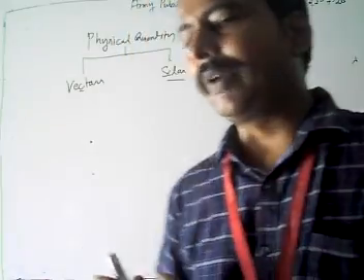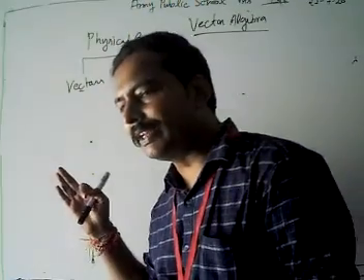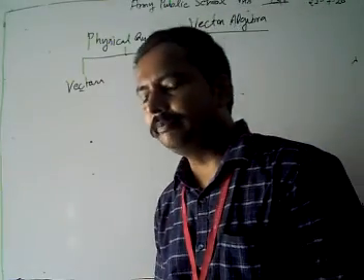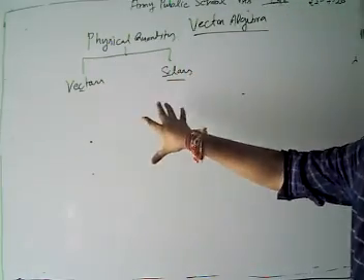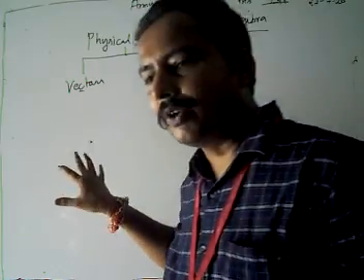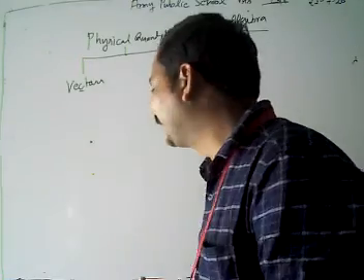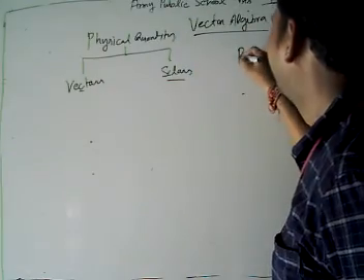A vector quantity deals with magnitude as well as direction, and in a scalar quantity we just need a magnitude. Now we have discussed vector quantity and scalar quantity. Our next point is another basic term, the position vector.